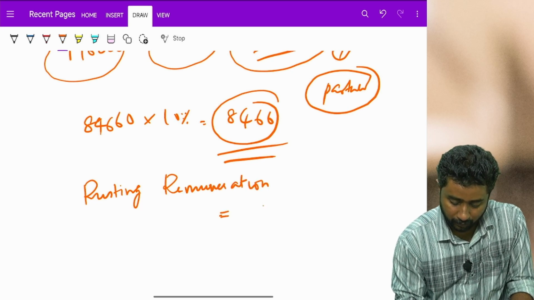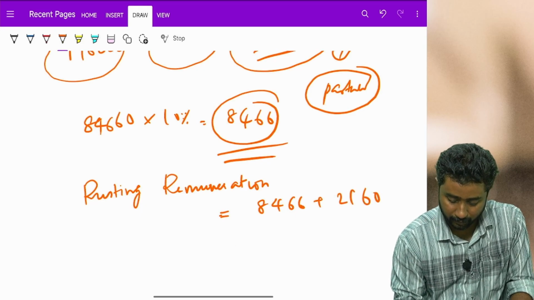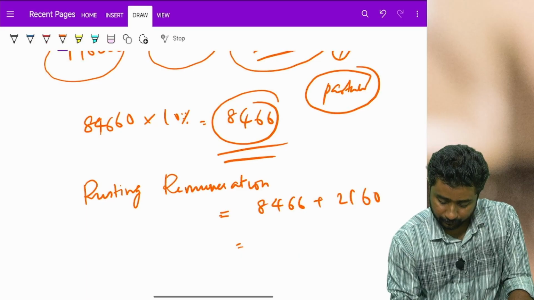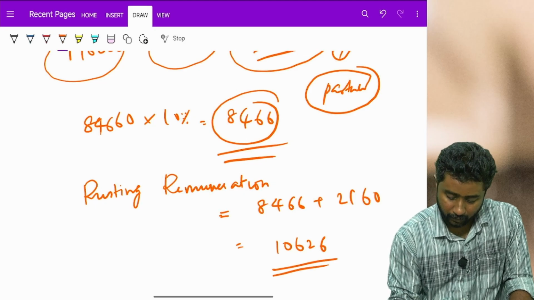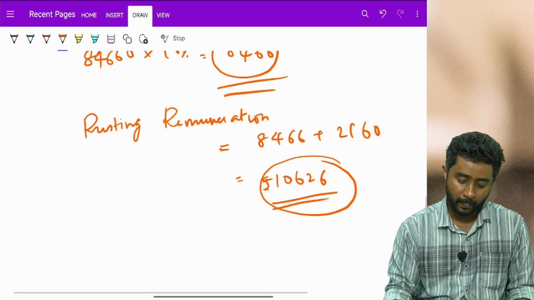So totally how much we have to pay? 8,466 plus 2,160. Totally we have to pay 10,626.